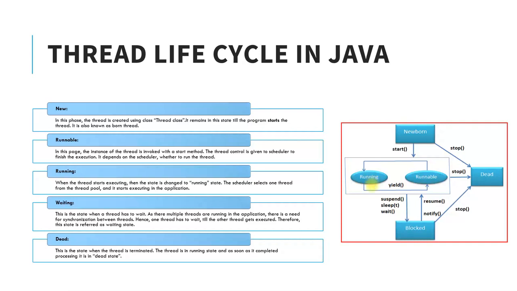We can also use suspend, sleep, and wait methods to block our thread, so it will take the blocked state or the waiting state. And then when the thread is terminated, it will take the dead state.